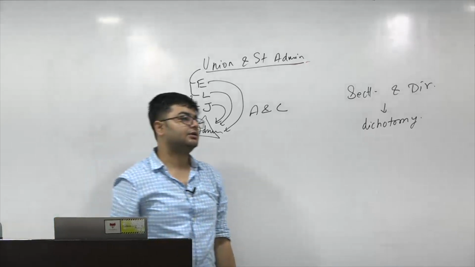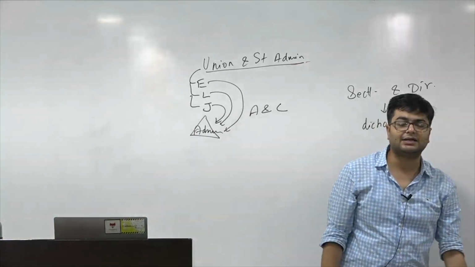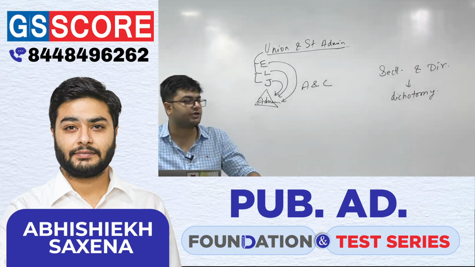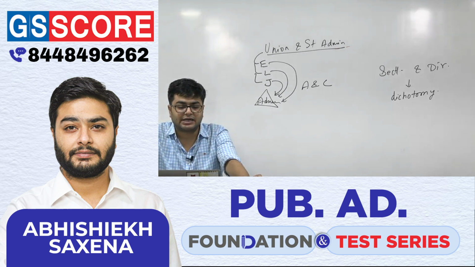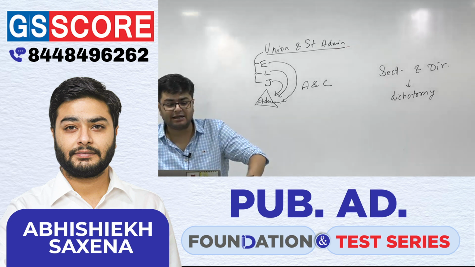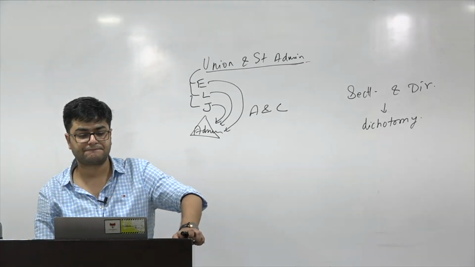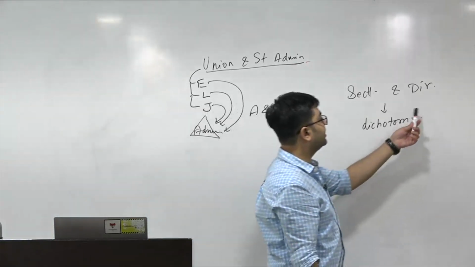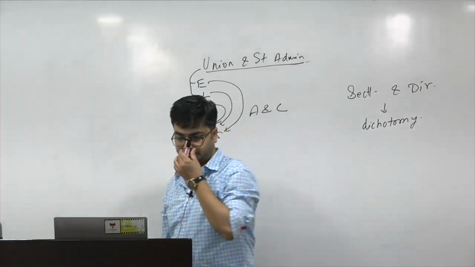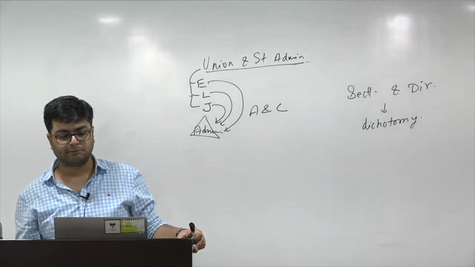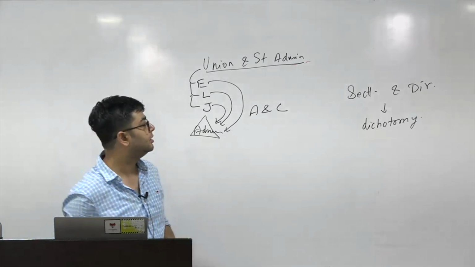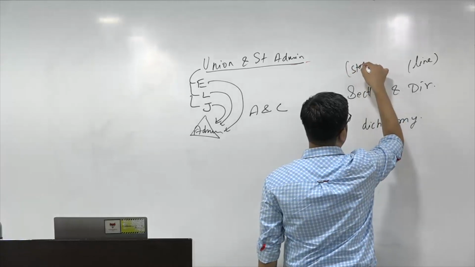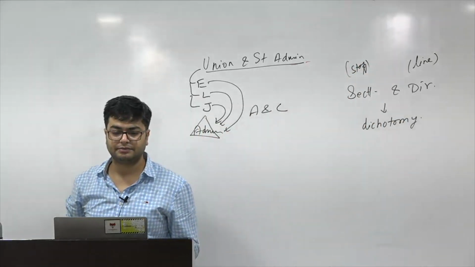Generally you will see that generalist officers man the secretariat, whereas specialist officers man the directorate, because it is the implementing agency. Also, personnel management happens at the directorate level. So it's more of a line and staff arrangement.